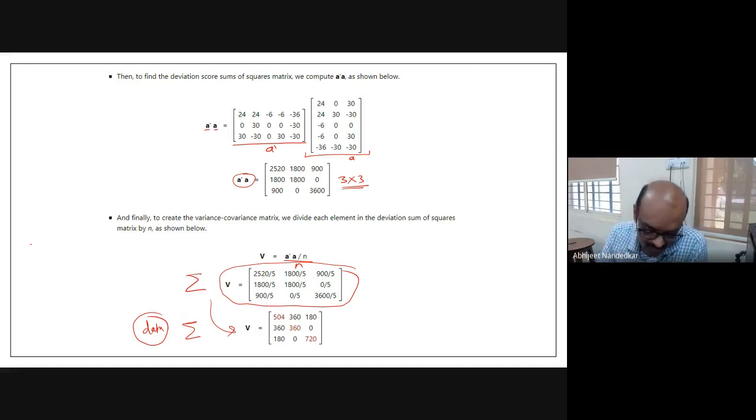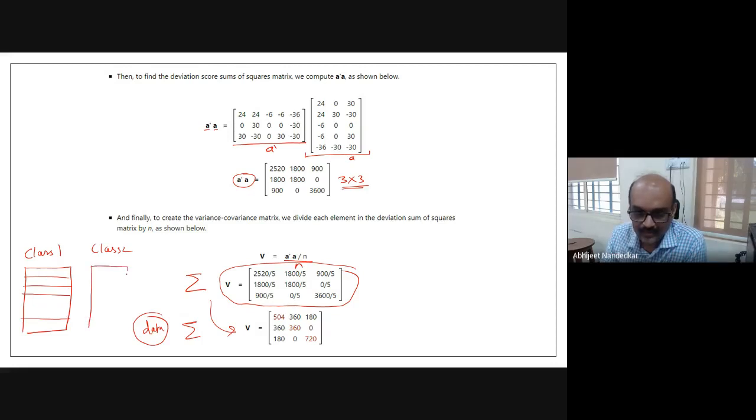Now when I say you are being provided data for class 1 and for class 2, suppose there is similar data given to you in table form like this for class 1, and similarly there is data for class 2. Okay, so these two things are given to you, then use this procedure to find the mean for this data, that is mu1, and find the covariance matrix for this data separately.